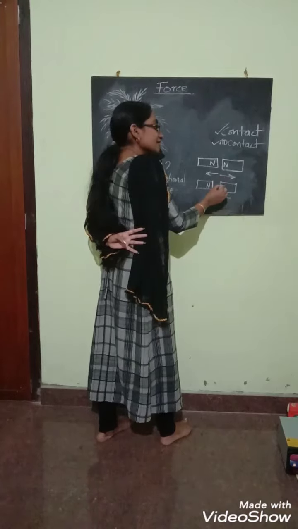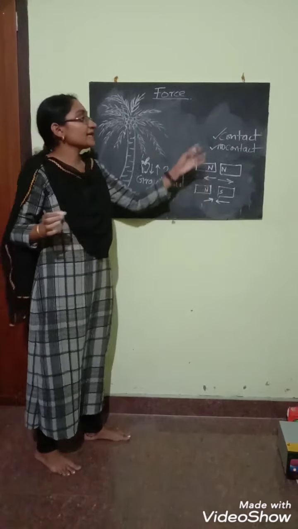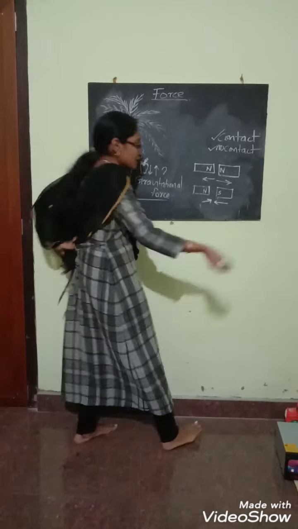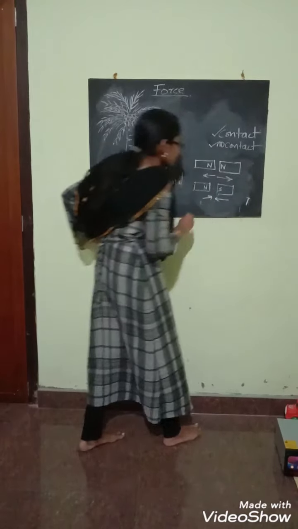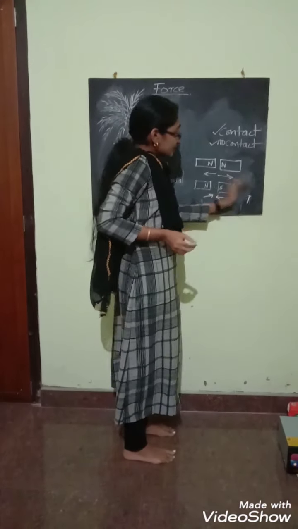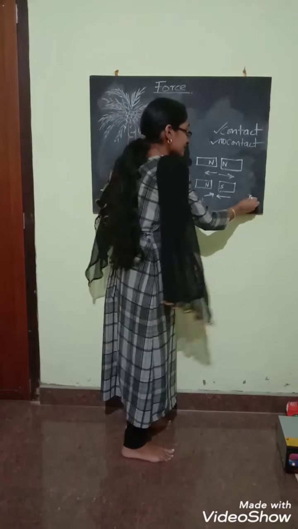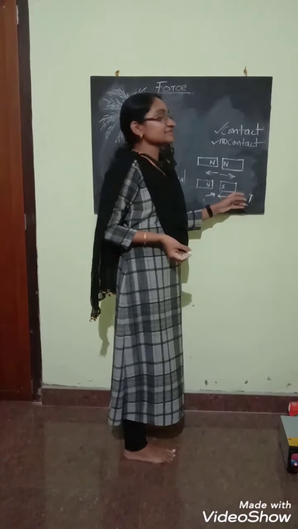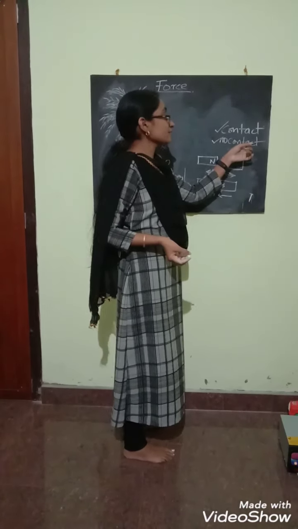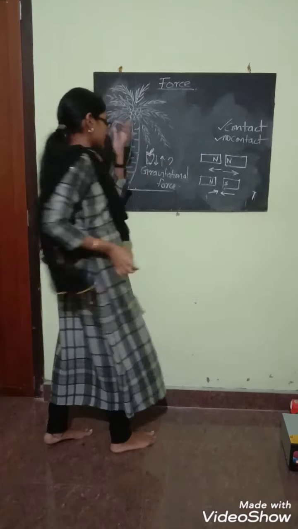That means in this magnetic force, they don't need a contact. For example, I am keeping a pin or nail here. Then from a particular distance itself, this magnet attracts this nail and this nail will jump to this magnet. So without a contact itself, there happens a force. This is the example of no contact force.